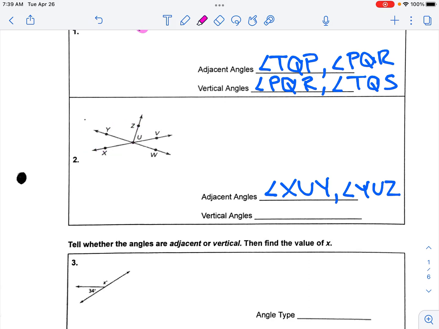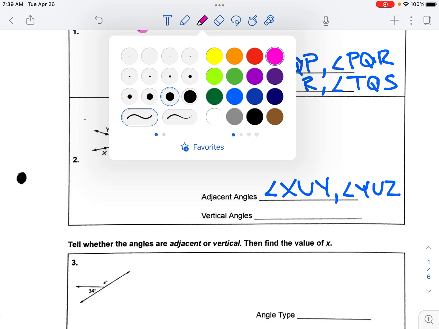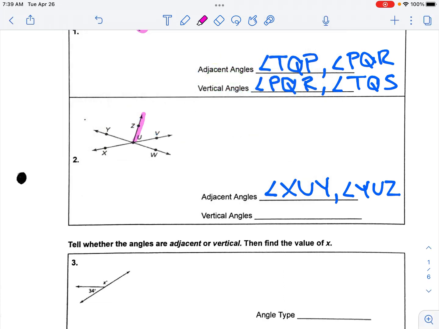If you did not choose those two, you could have chosen ZUV and VUW. You could have chosen XUW and VUW. Lots of choices for adjacent.